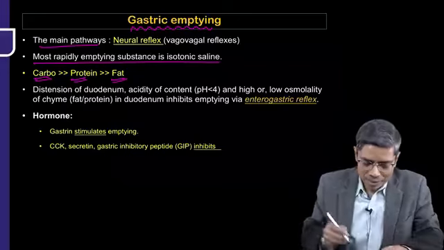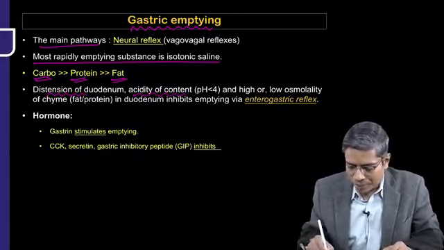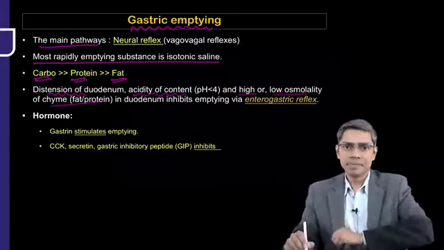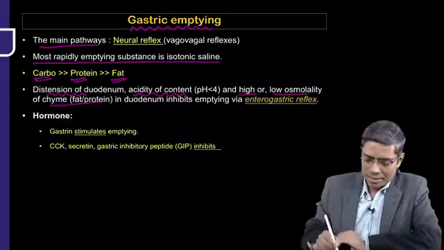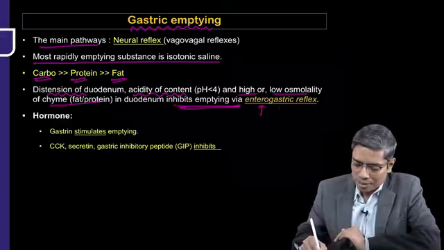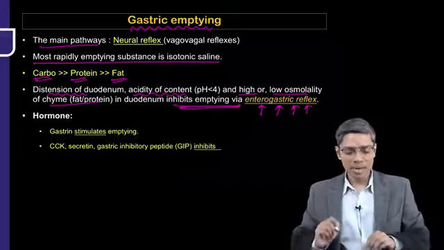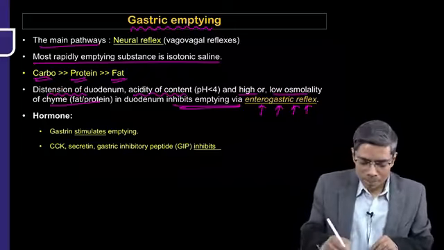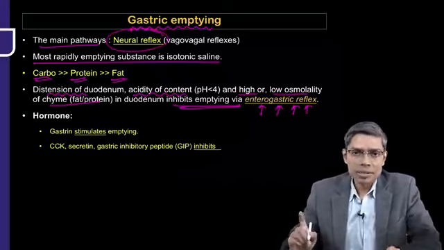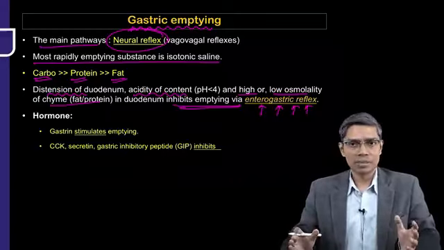Got it? Okay. Now, second thing, distension of the duodenum. Acidic content in the duodenum and high or low osmolality food in the duodenum hamper or decrease the emptying of the stomach. This is known as the enterogastric reflex, which we have already discussed in our MCQ. Apart from that, although the main pathway which controls the motility of the stomach is neural reflexes, you also have to remember certain hormones can also regulate the emptying and motility of the stomach.